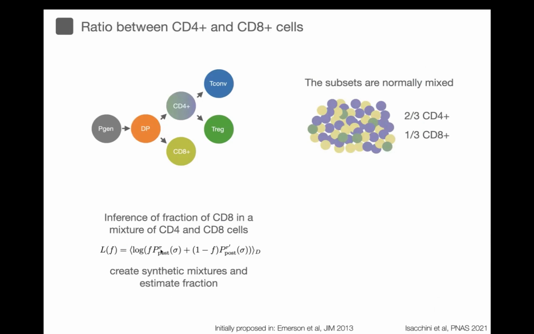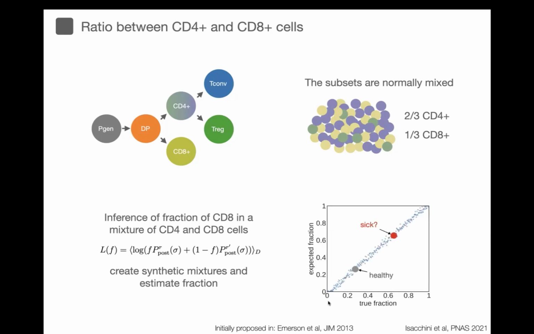So the idea is that you have a model for CD4, a model for CD8, and then in the data you're looking to maximize this likelihood with respect to the frequency f, that is the fraction. We tested this by creating different synthetic mixtures of CD4 and CD8, and we show that we can recover the fraction very well.